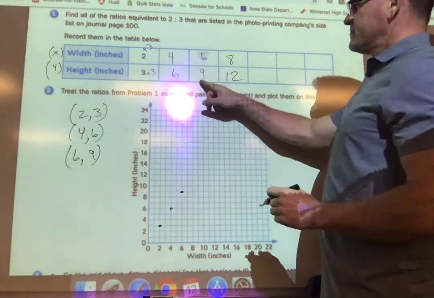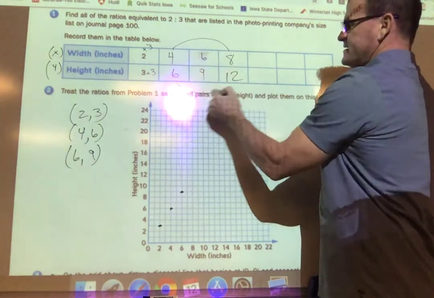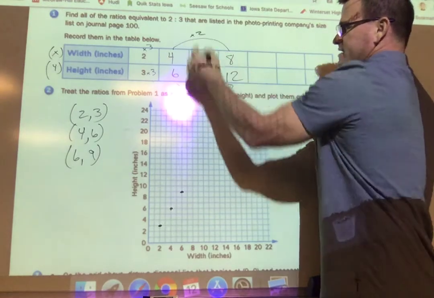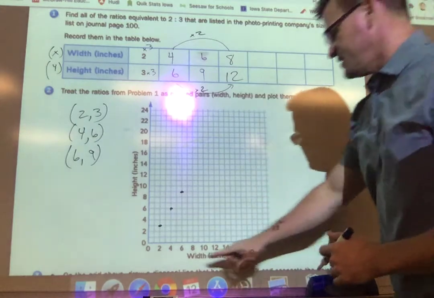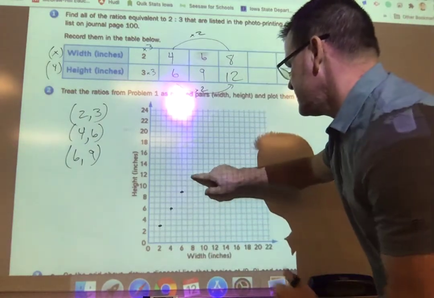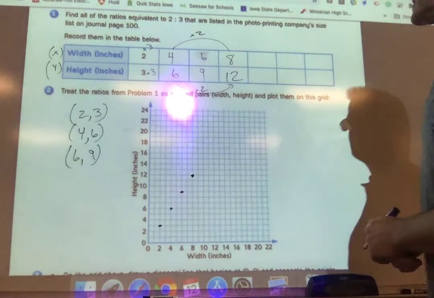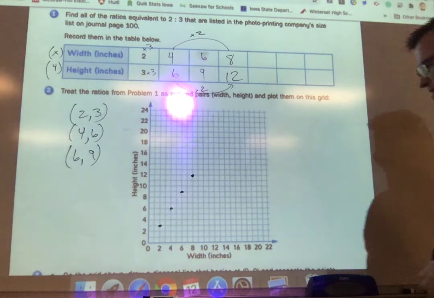And I see that comparison to see if that works. Well, if I double the 4 to 8, I double the 6 to the 12. So I should know that that rate in that picture will work, and it should fall right on this line. So if I go over 8 and up 12, I see that it does, and it keeps right on that same path. And I could go ahead and list every one of these out, and every one of these would fall right on this line.